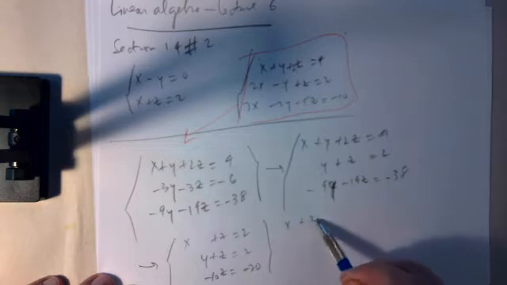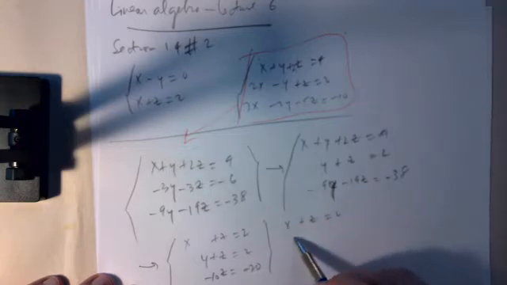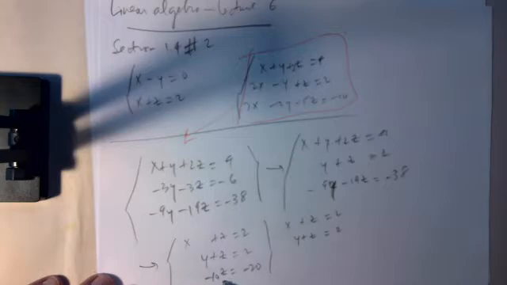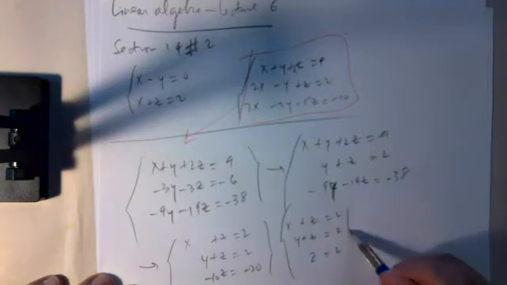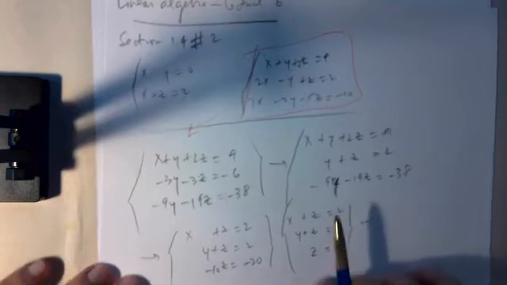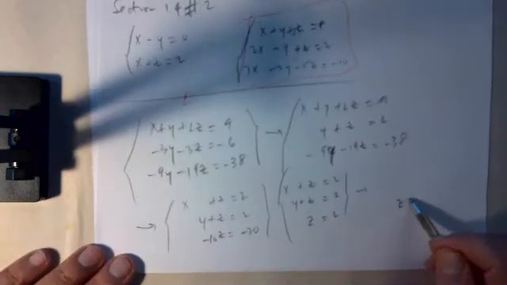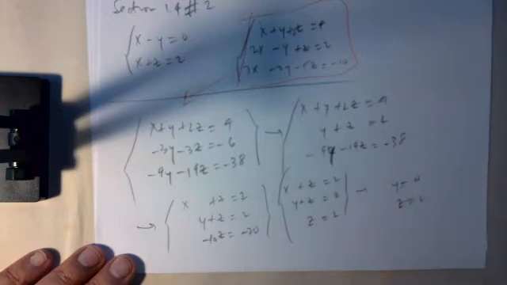So this is x plus z equals 2, y plus z equals 2. If I divide this by minus 10, I get z equals 2. Which means, what? z is equal to 2. If z equals 2, y equals 0.